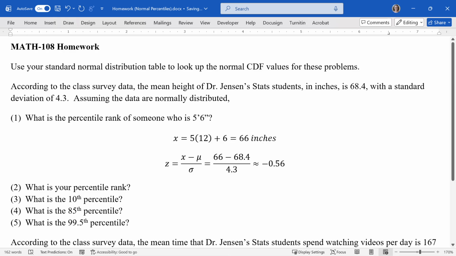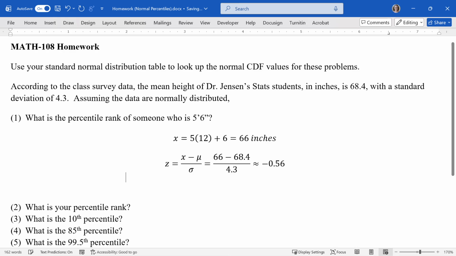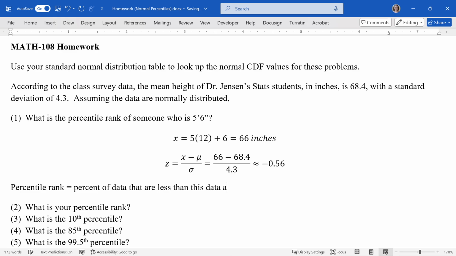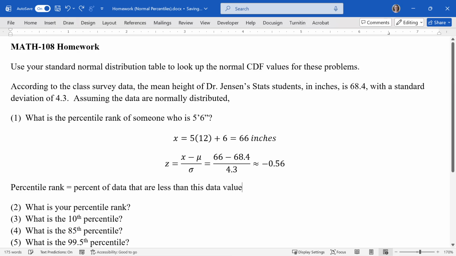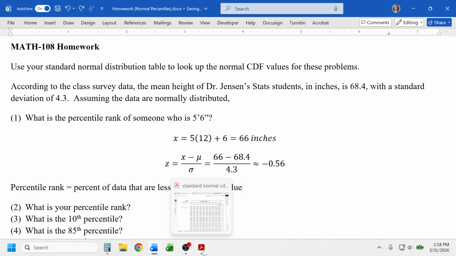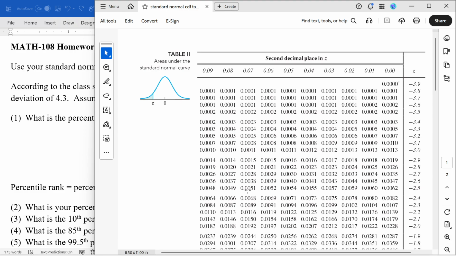And now I want to know their percentile rank. The percentile rank is the percentage of people that are shorter than them. So percentile rank is percent of data that are less than this data. All right, so that is what we're trying to find. It's just phrased differently, and we already know how to do that from previous homeworks and lessons.